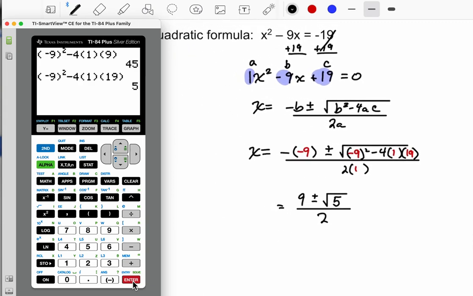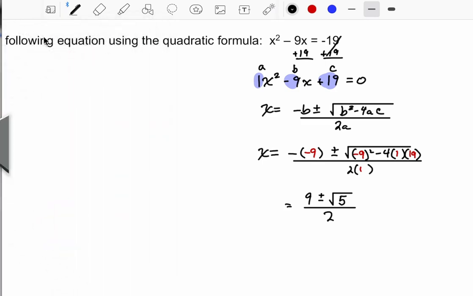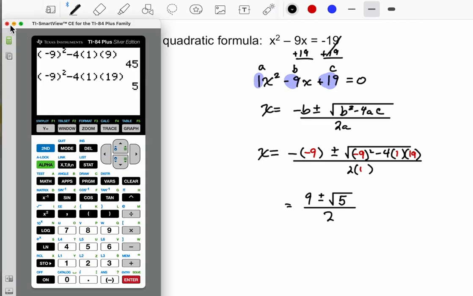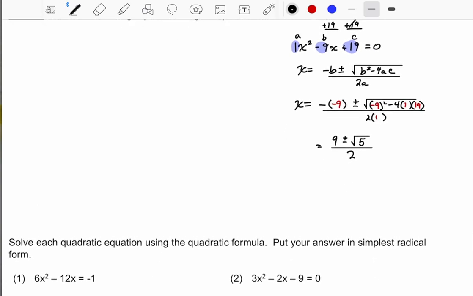All right, but let's look at a case where you do have to break down the radical. Looking at number 1, same deal. I'm going to add the 1 to both sides.